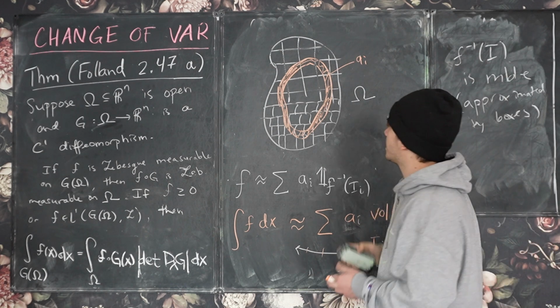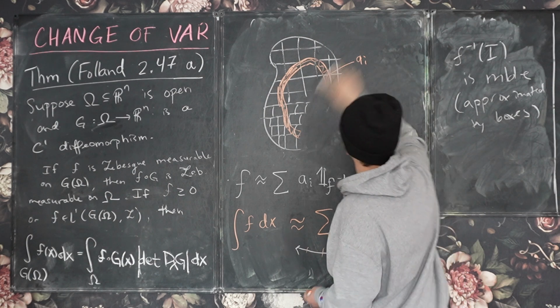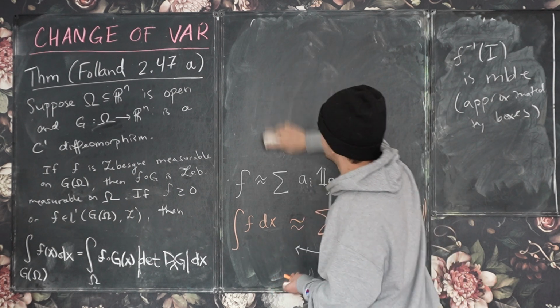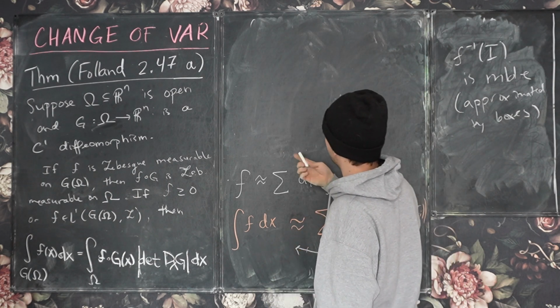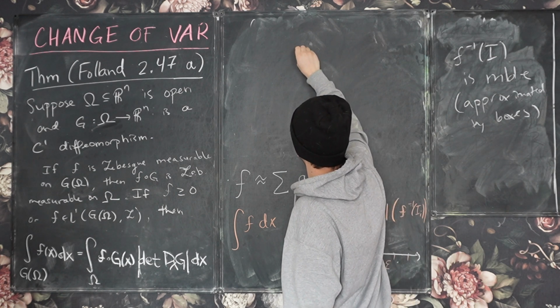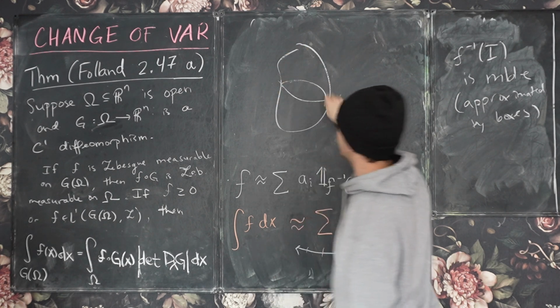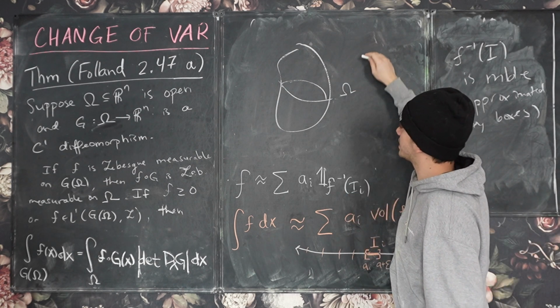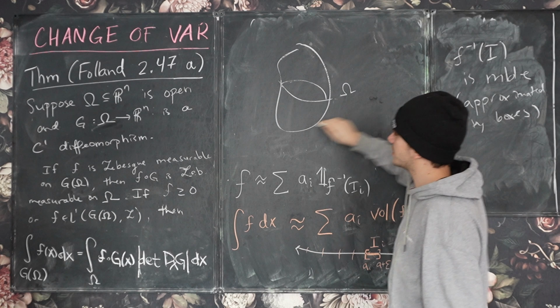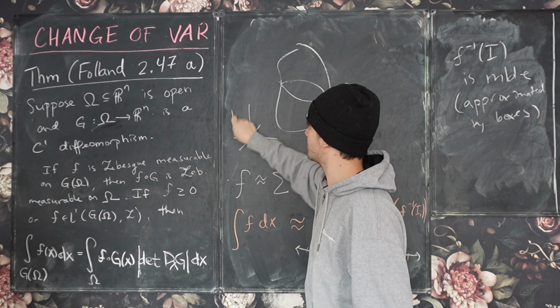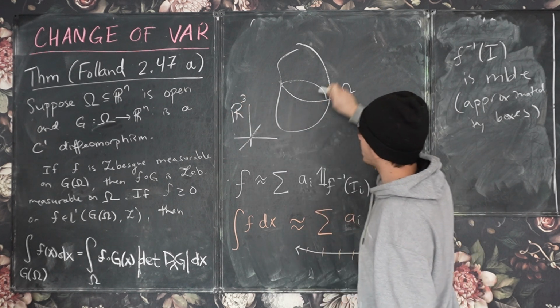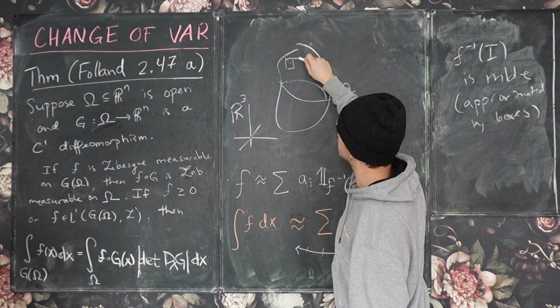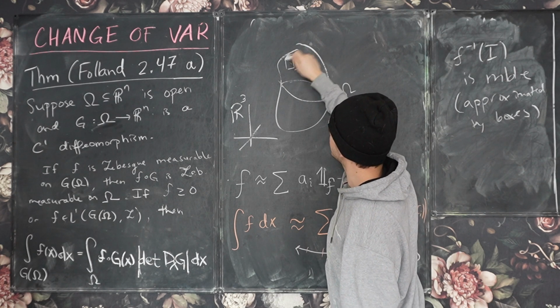Another interesting visualization that I want to show you is if you look at a three-dimensional region. If Omega is in R3, and here's my ambient space R3, now I cut up Omega into a bunch of boxes, and now they're cubes.